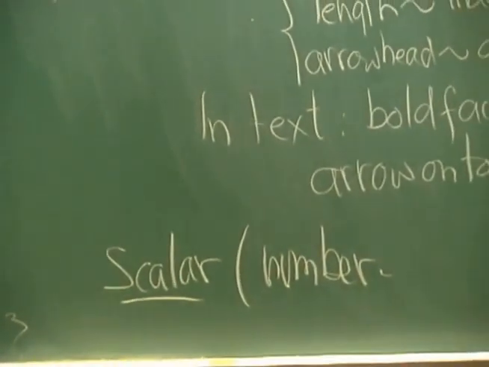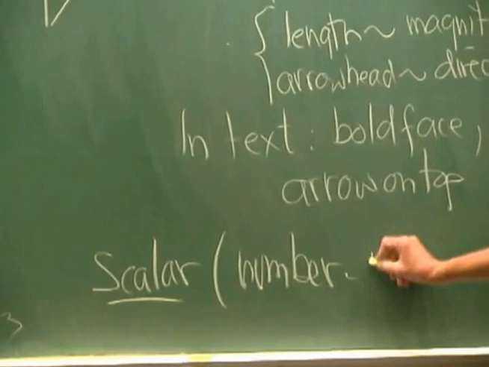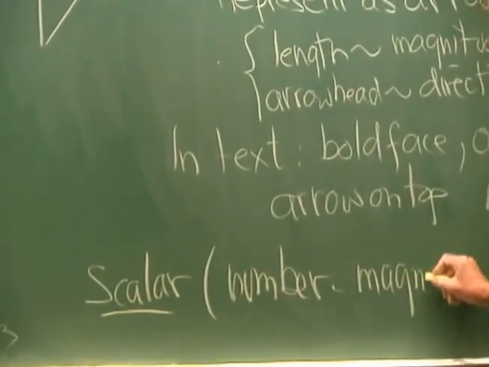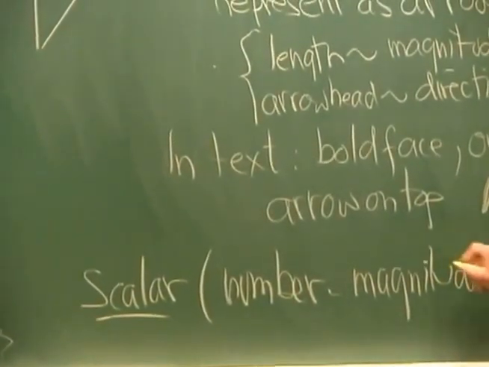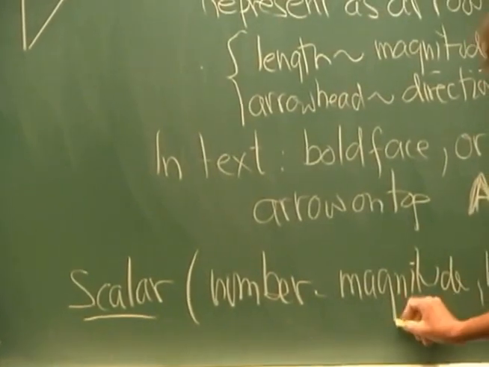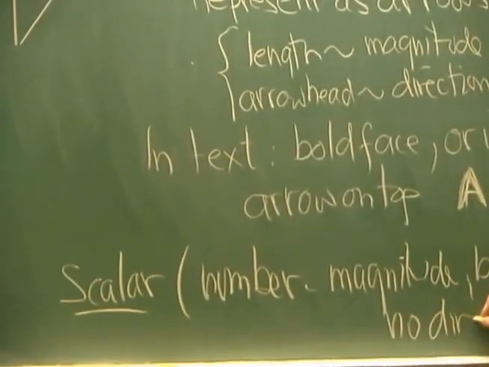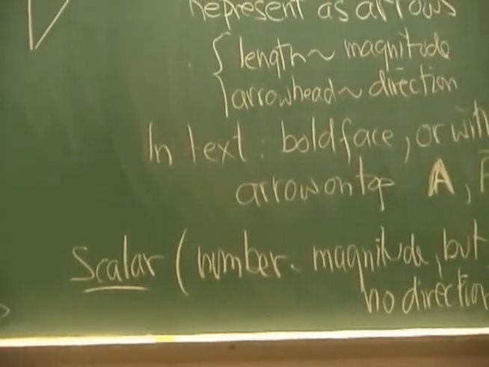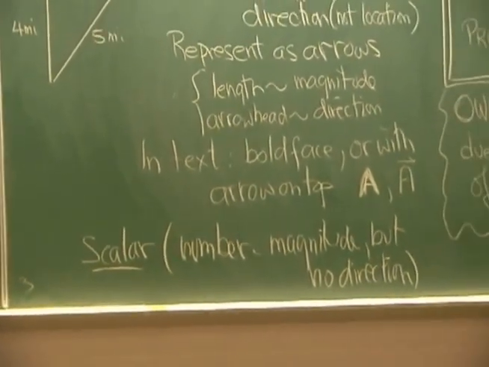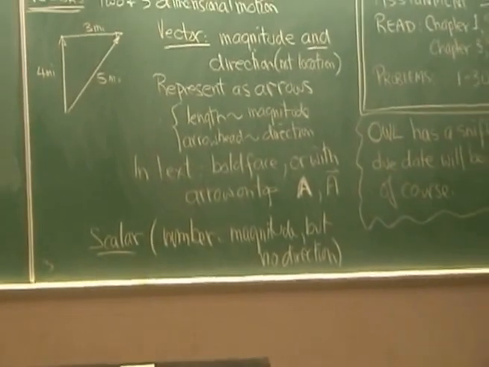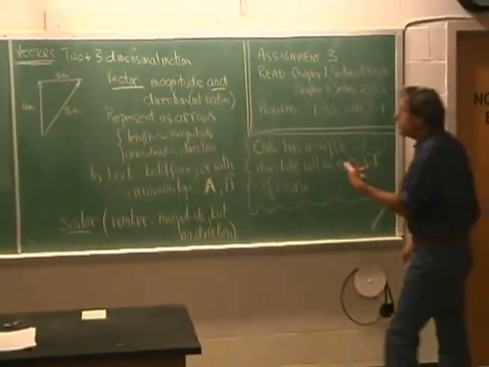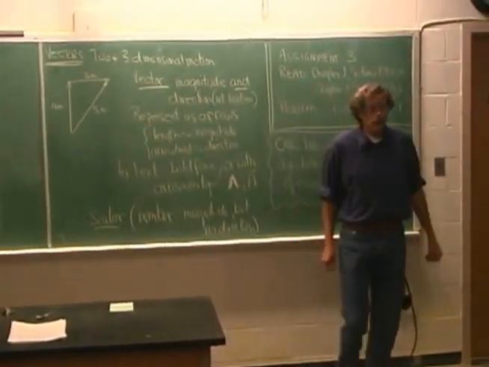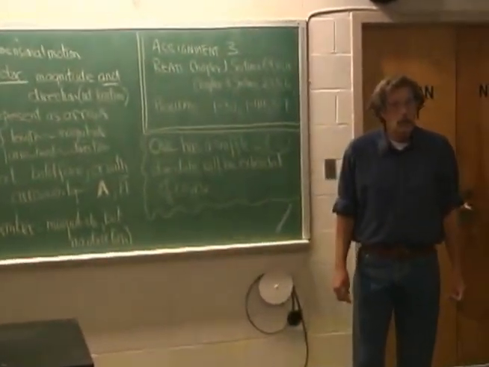That's a quantity that has magnitude but no direction. So, the ordinary quantities that we usually would talk about are all scalar quantities. We're now introducing a new thing which has direction as well as just magnitude.